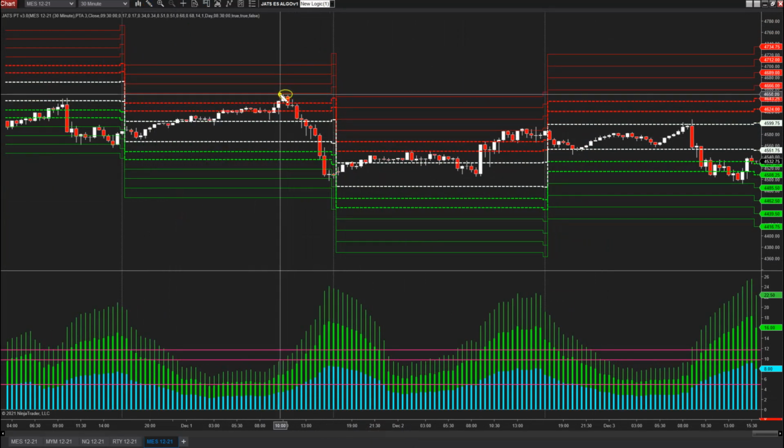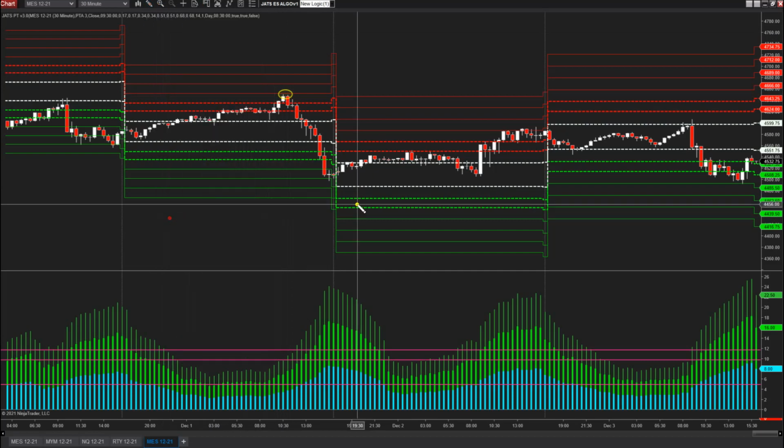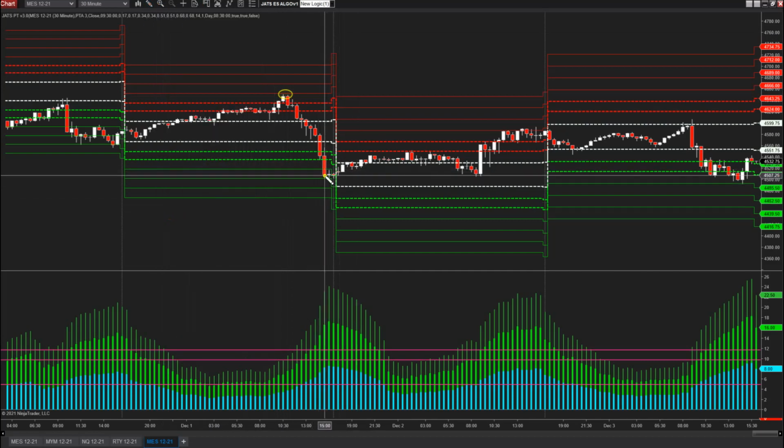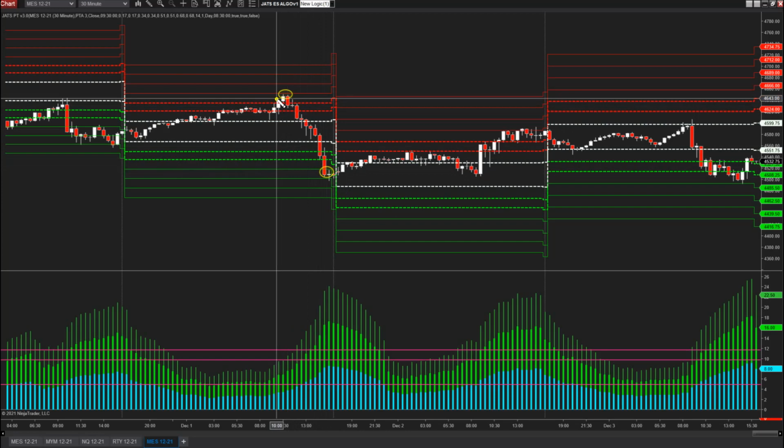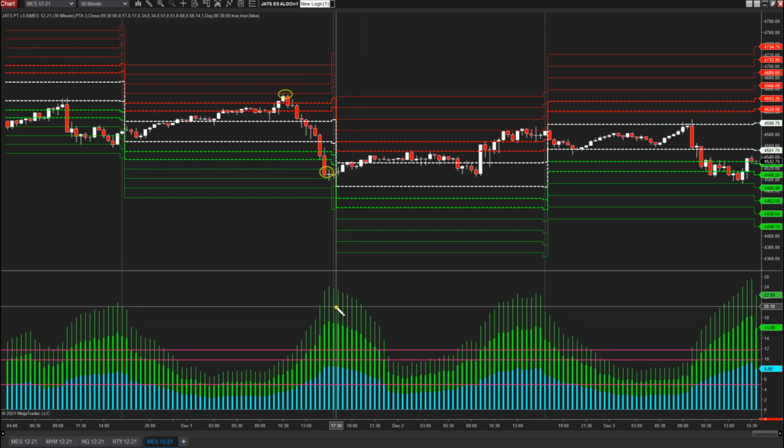So you go from the 1 fib to the 1 fib. Oh, it was a 2 fib. Never mind. It did get there, but it kept going. That was a coast to coast, but it just kept going and then turned around. Very nice move.